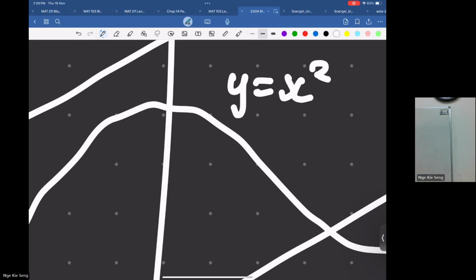Locally it's just a curve. If you want to describe the whole thing, then you need to use a two-variable function. But locally you can solve y in terms of x. This is the point of the implicit function.